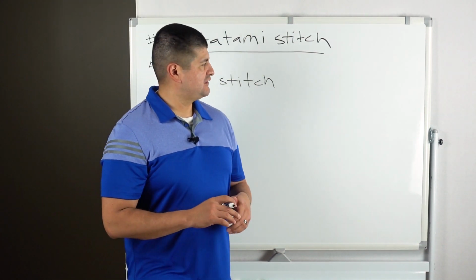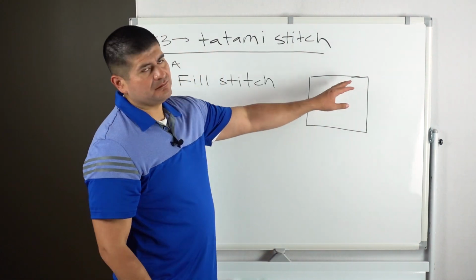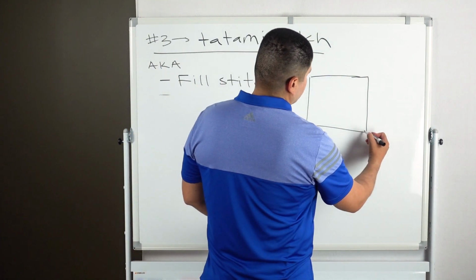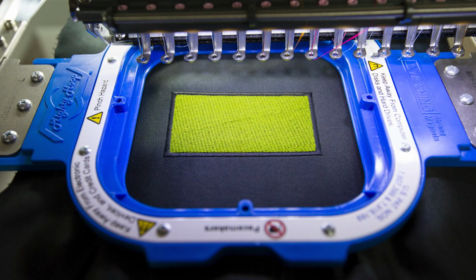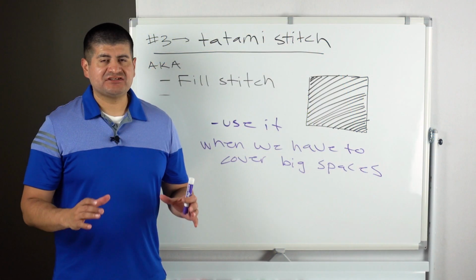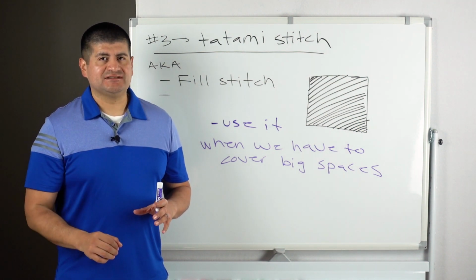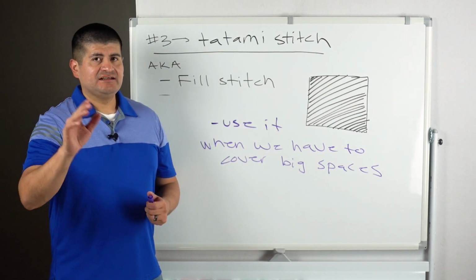Let's say we want to cover this box here. Instead of going straight, we use it when we have to cover big spaces. Especially for patches, when you want to build the base, you're definitely going to use the tatami stitch.